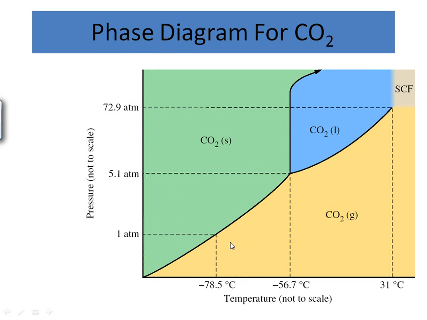Here is a phase diagram for carbon dioxide. This is a fairly common one that you'll see. If we look at 1 atmosphere, which is right around where normal pressures are, what we see is that at 1 atmosphere, CO2 sublimates.